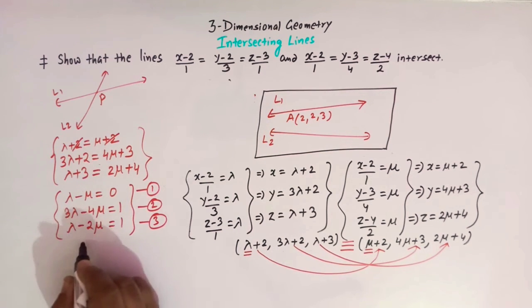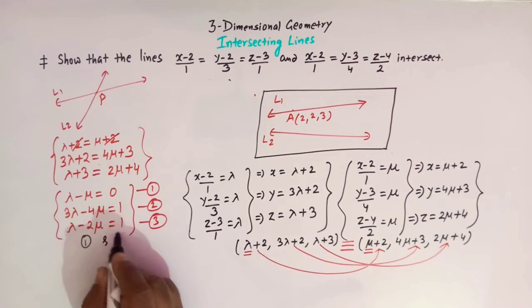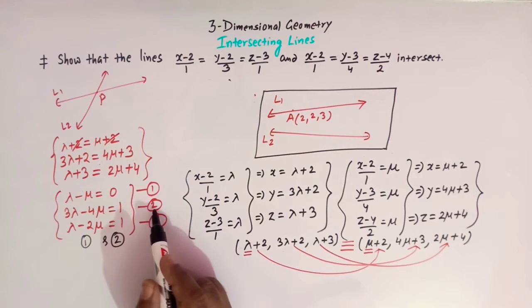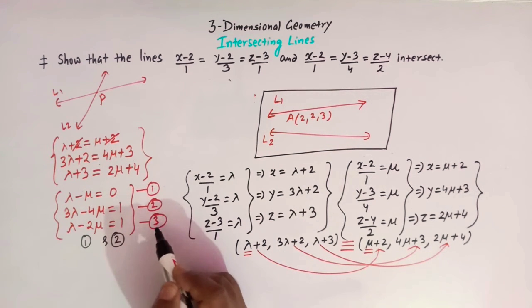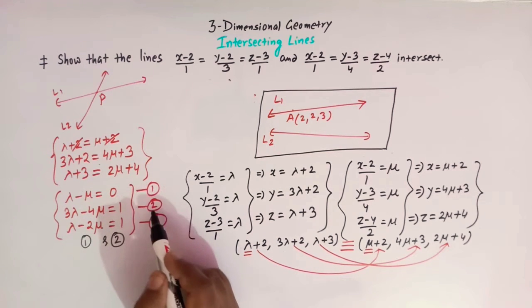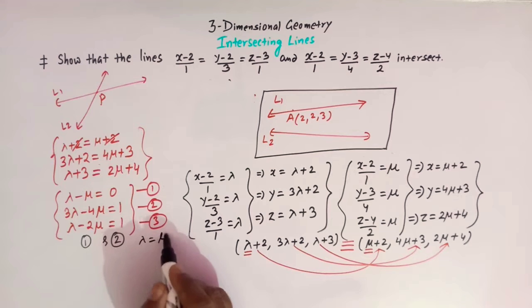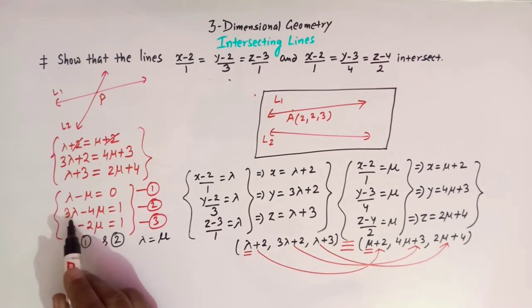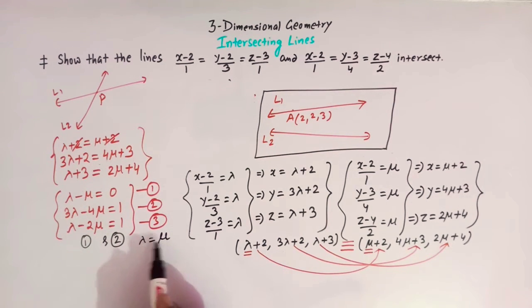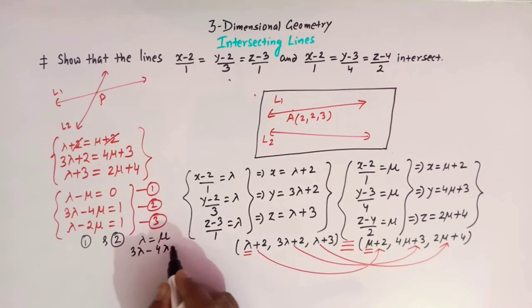So here I am taking 1 and 2, and you can also take 2 and 3 or 1 and 3, right? So here I am taking 1 and 2. So lambda is equal to mu from the first equation, and if we take lambda is equal to mu in the second equation, we have 3 lambda minus 4 lambda is equal to 1.